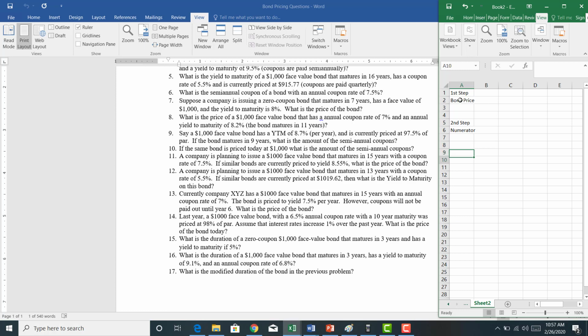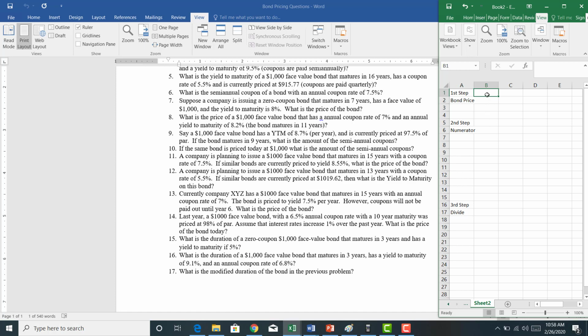And the third step is to divide the numerator by the denominator, or the numerator by the bond price. Okay, let's answer number 15. What is the duration of a zero coupon bond, $1,000 face value bond, matures in 3 years and has a yield to maturity of 5%?